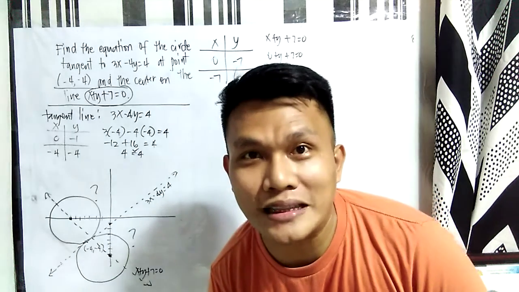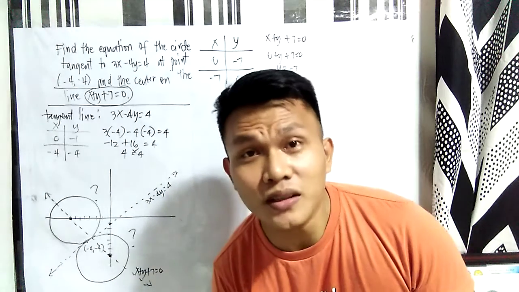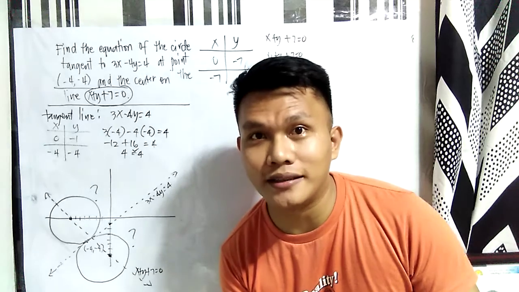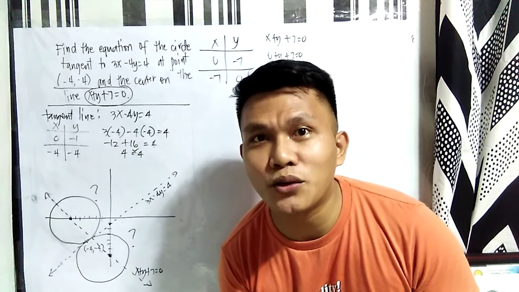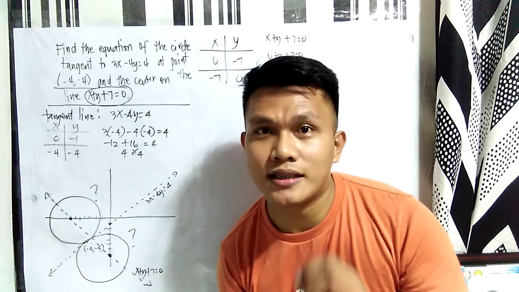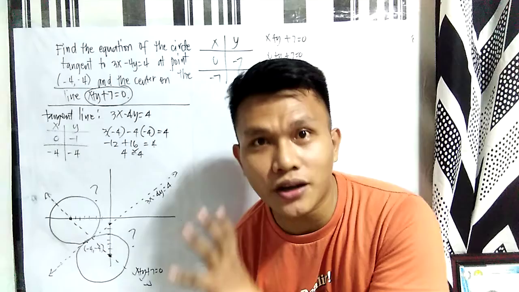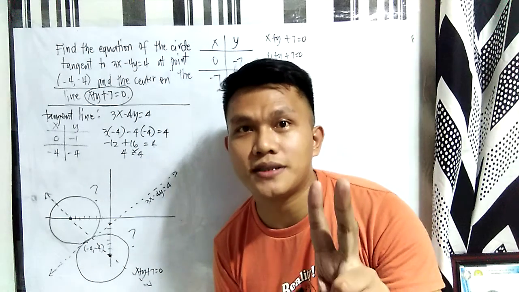So ang pinakauna nating process, kailangan meron tayong background sa distance formula: distance between 2 points at saka distance between a point and a line. So yun lamang yung ating paiikutan para malaman natin ano yung equation ng ating circle. Kasi ang goal natin dito, we need first to solve this equation, para makuha natin where is the center and where is the radius.